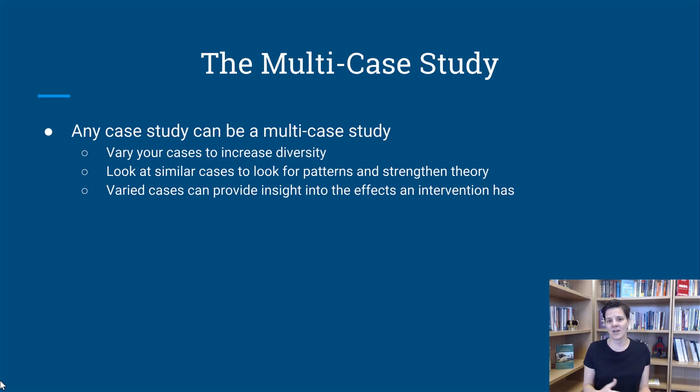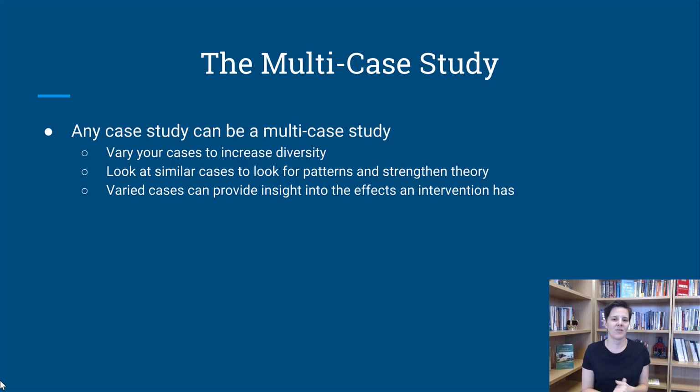All right. Now, varying cases, and when I've done multi-case studies, I always have varying cases. So I usually have cases with adolescents that vary in terms of their reading abilities. I'll have somebody that's a really strong reader. I'll have somebody that's considered to be a very poor reader, and then I'll have people in between, right? What varied cases like that can do is look for the different kinds of effects an intervention has, okay?